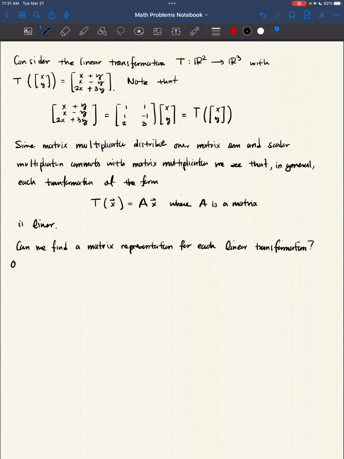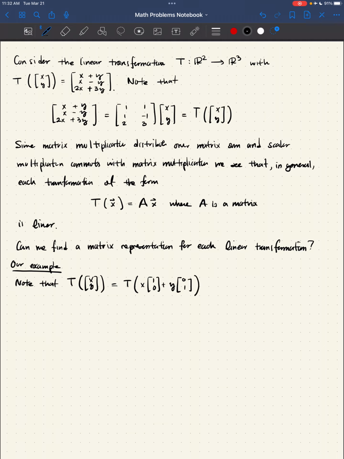So our example looks like this. Note that we may write T of xy as being decomposed into the coordinates of the input to this function. So T of x times 1, 0 plus y times 0, 1. You may wonder why.